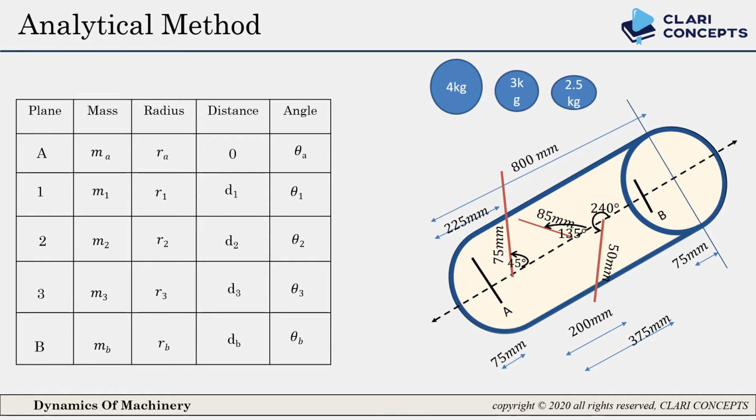So now you have seen here that all masses are placed at different angles. It means that the masses produce centrifugal force, and that centrifugal force is also produced at some angle. So whenever anything is produced at some angle, it has two components, one in the x direction and another in the y direction, or you can say one in the cos theta terms and another in the sin theta terms.